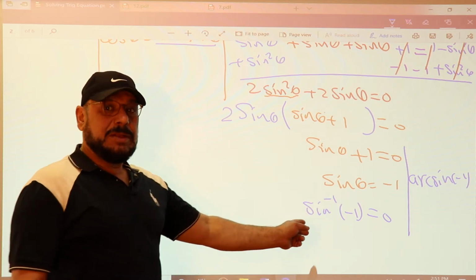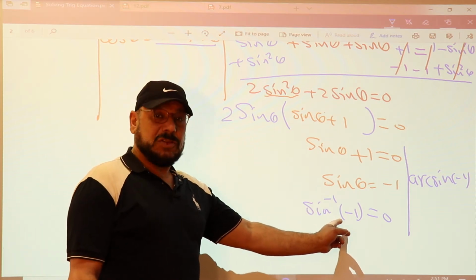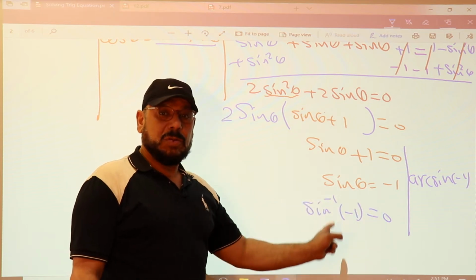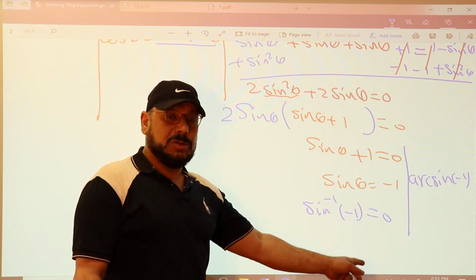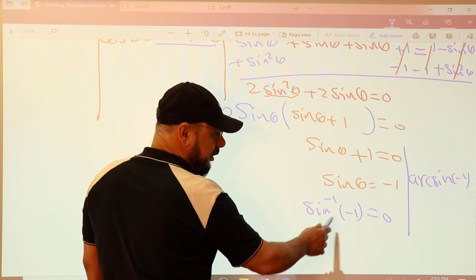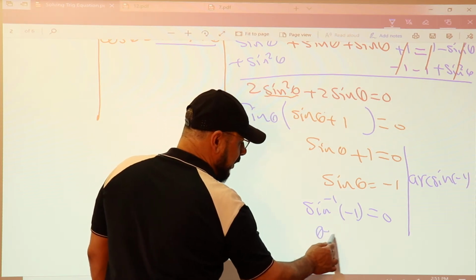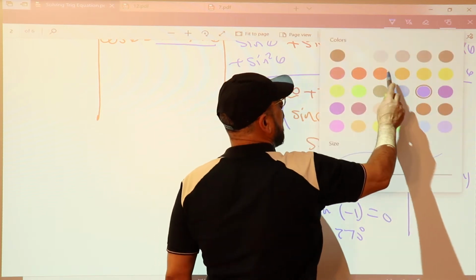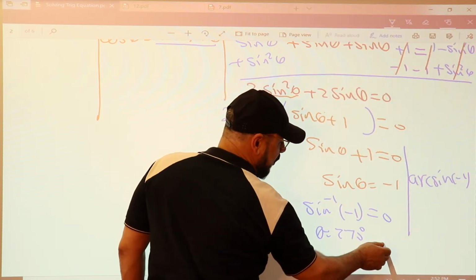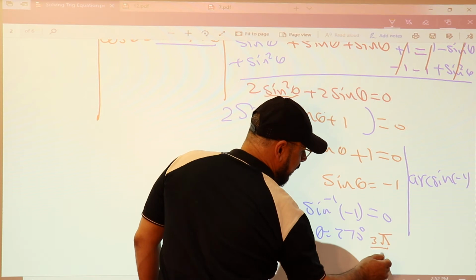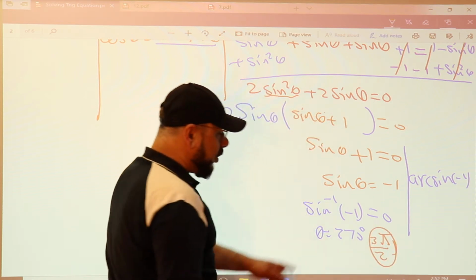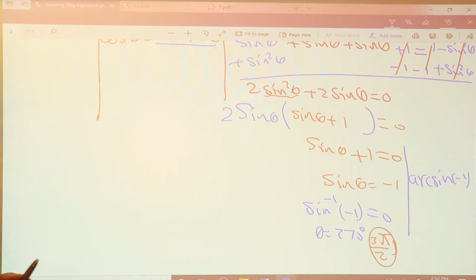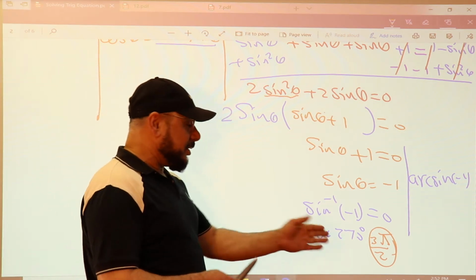This means which angle has sine equal to negative 1? The angle that has sine equal to negative 1 is theta equals 270 degrees. Also, you have to be able to know it in radians, which is 3 pi over 2. 270 degrees and 3 pi over 2 radians are the same angle.